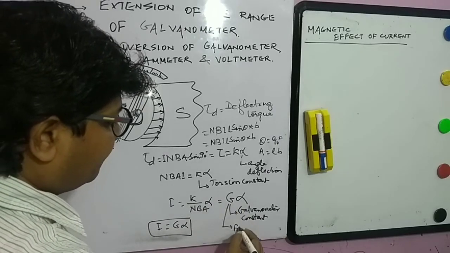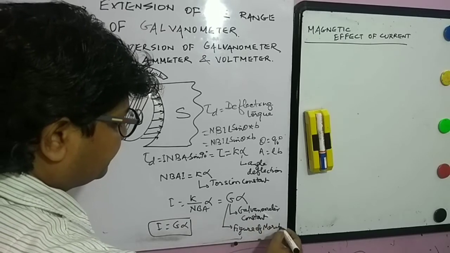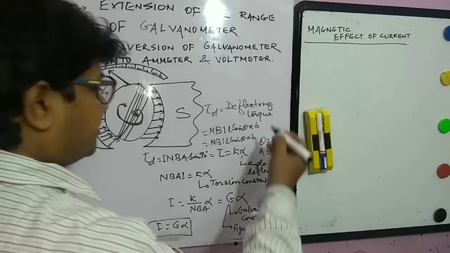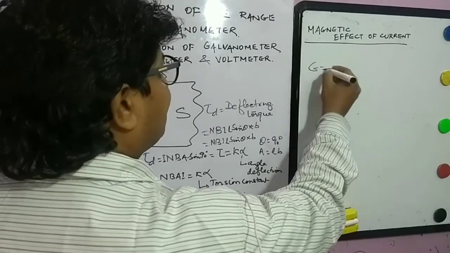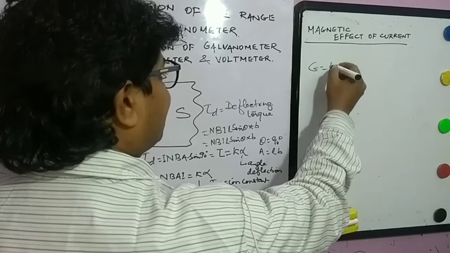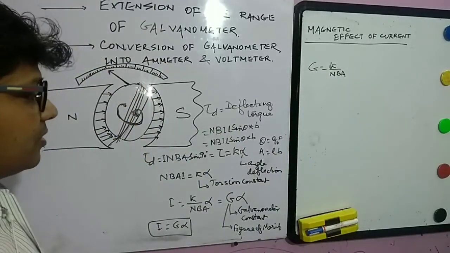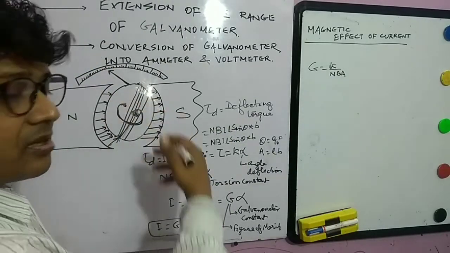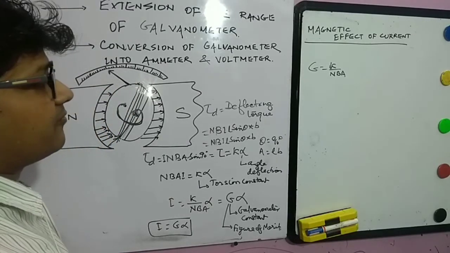So what is G? It is a proportionality constant, equal to K by NBA. N is the number of turns of the coil, A is the area of cross section, B is the magnetic flux density.